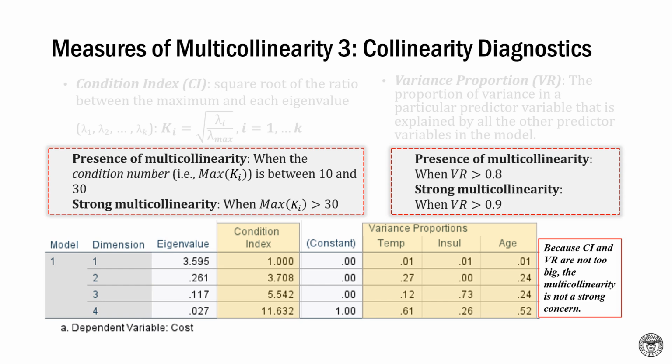In summary, we have discussed three major approaches to measure multicollinearity. Each approach offers a unique way to gauge the extent of multicollinearity in a regression model. It is crucial to employ multiple measures to assess the presence and severity of multicollinearity, which will enable informed decisions about how to address it in the analysis.